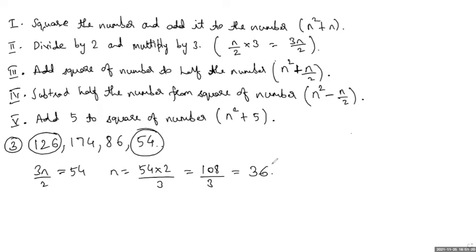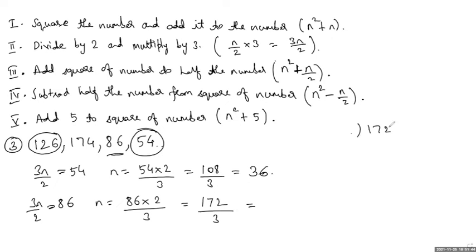So we got one proper number, which is fine. Let's check for the next number, 86. 3n by 2 is equal to 86. n is equal to 86 into 2 by 3. 86 into 2 is 172 divided by 3. Let's check.